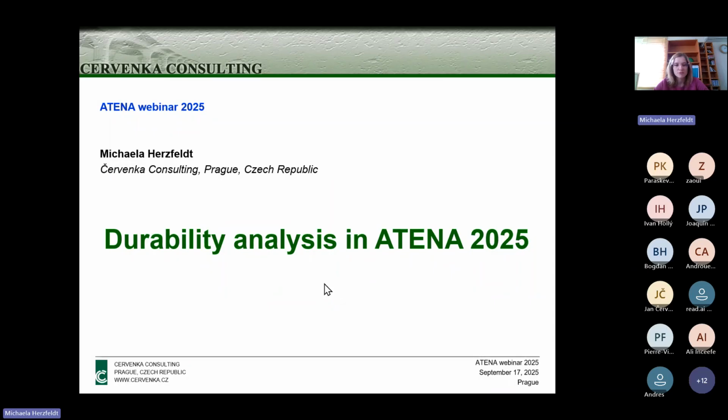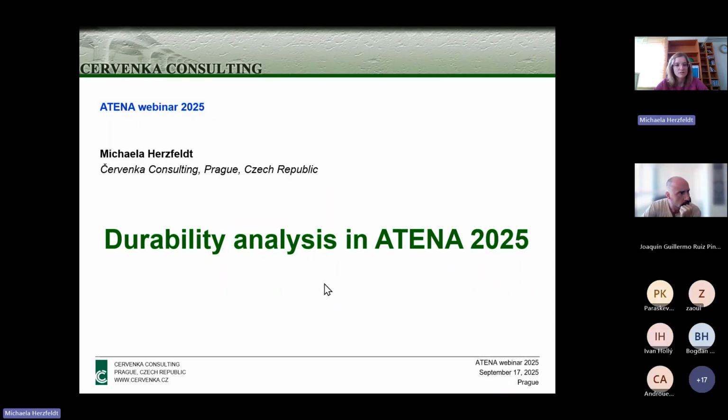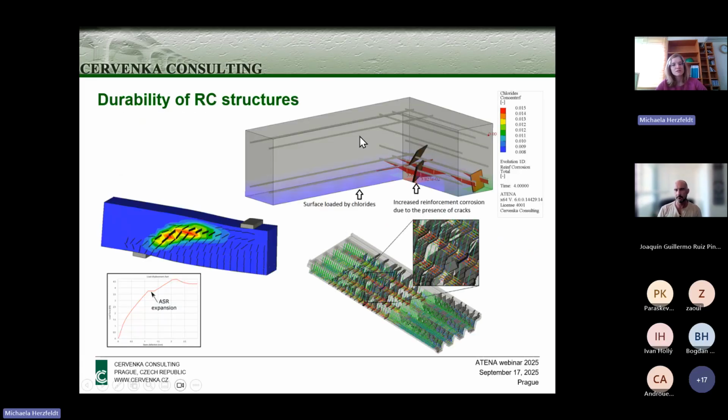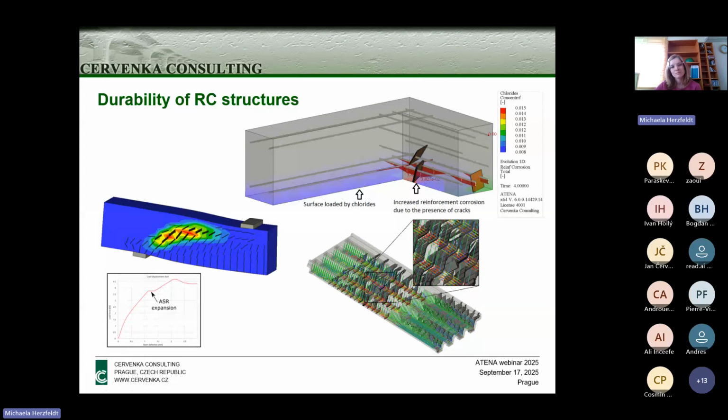And today we have the topic durability analysis in ATENA 2025. So I will jump into it. When it comes to durability analysis, there are actually three aspects that we are considering in ATENA software, which is the environmental conditions where the reinforced concrete structures are placed.